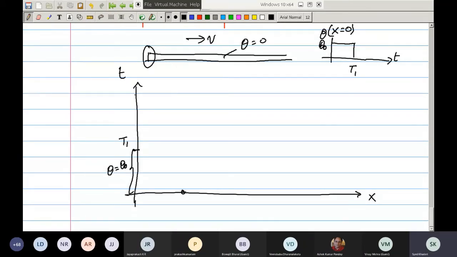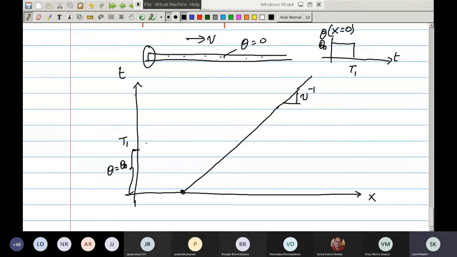At each and every point in space we can have characteristic lines. For example, this particular point will lead to a characteristic line which goes like this, and the slope of this line would be v inverse. So the temperature here is 0, and the temperature throughout this line is going to be 0 forever.